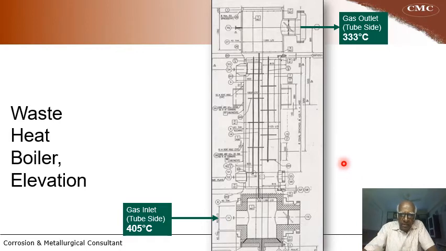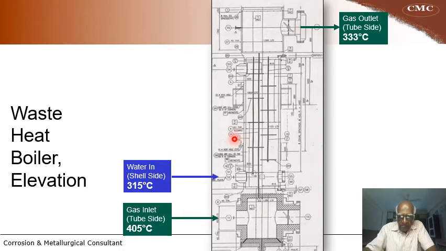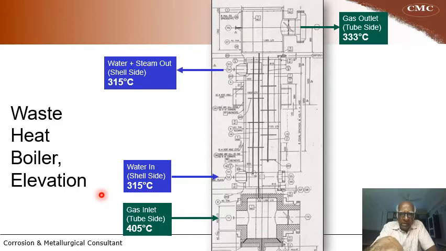The remaining, the balance 72 degree centigrade heat is given to the boiler water, which enters at 315 degrees centigrade in this nozzle S1, S2, and this water circulates around the shell side and leaves as water and steam at this nozzle at 315 degrees centigrade.